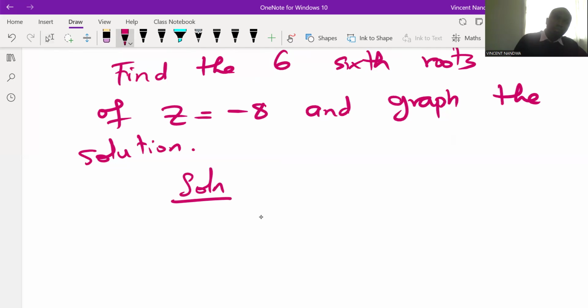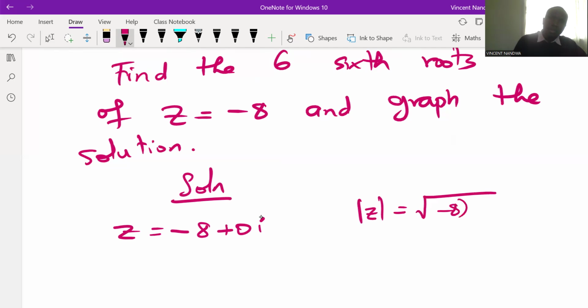So z is given by -8, which can be written as -8 plus 0i. So here, the absolute value is square root of -8 squared plus 0 squared. So the answer is just 8.